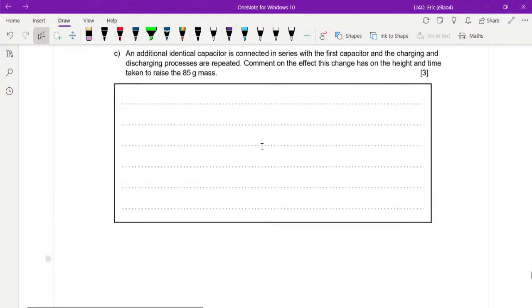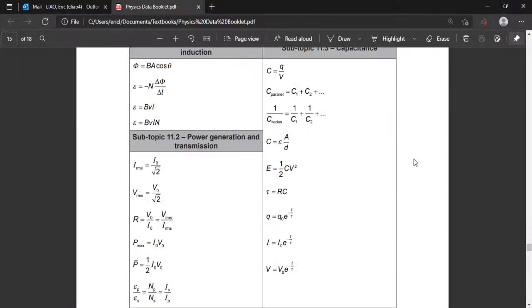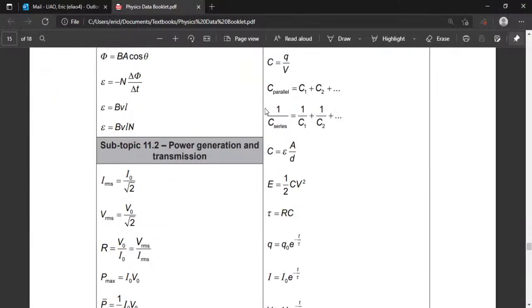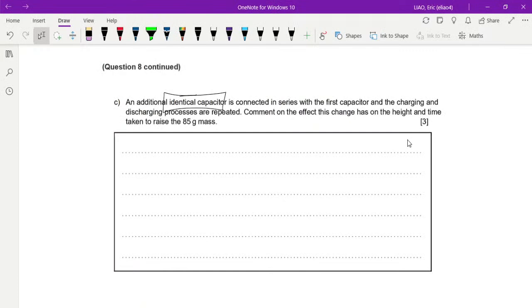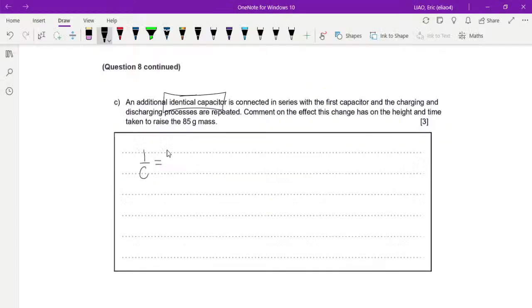An additional identical capacitor is connected in series with the first capacitor, and the charging and discharging process are related. So we are given series. 1 over C is equal to 1 over C1 plus 1 over C1 because it's identical.